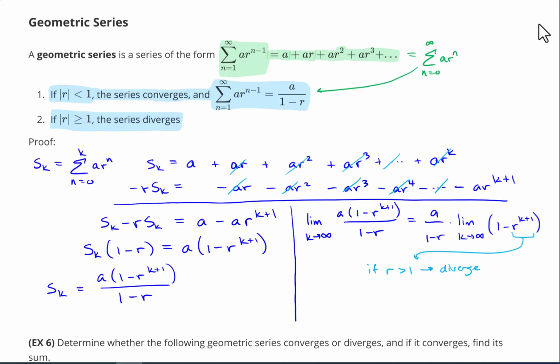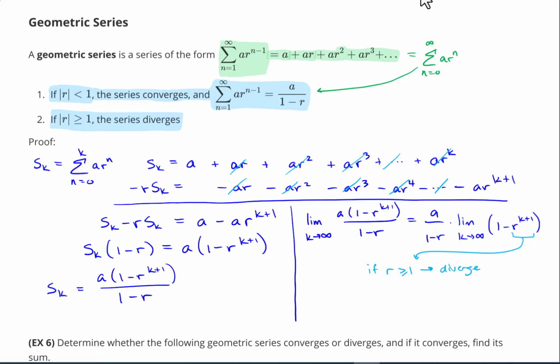And also, if r happens to equal 1, well then in that case, it's easier to just go back to the original sequence. And if you think of r as being 1, then 1 to any power would be just 1, which seems like it's converging, but the thing is, your sum would be a plus a plus a plus a plus a, which would not converge. All right, so we can rule that out.